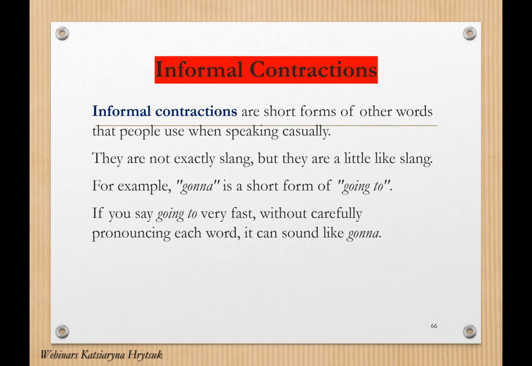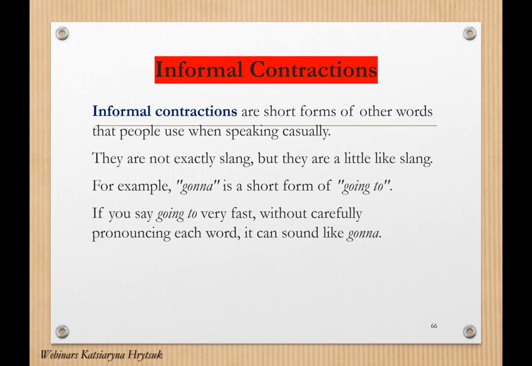For example, gonna means going to. I'm gonna go means I'm going to go. If you say "going to" very fast without careful pronunciation, it becomes "I'm gonna go." I'm gonna drink means I'm going to drink. I'm gonna do something.